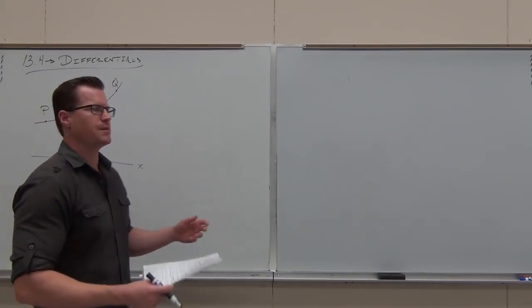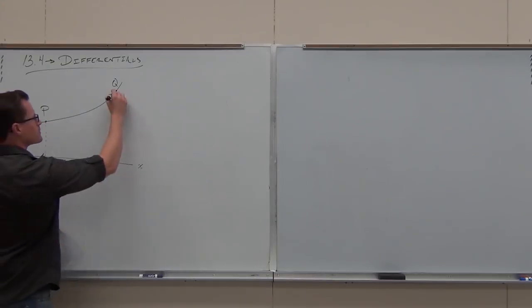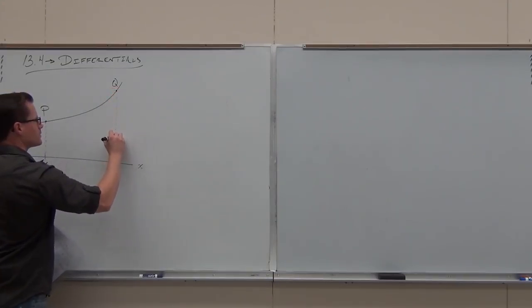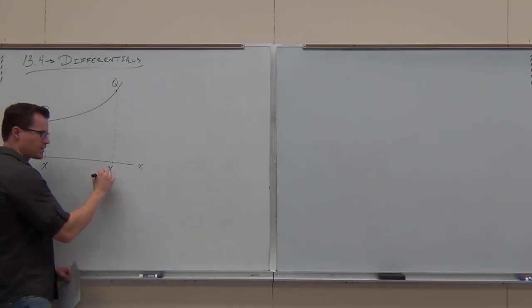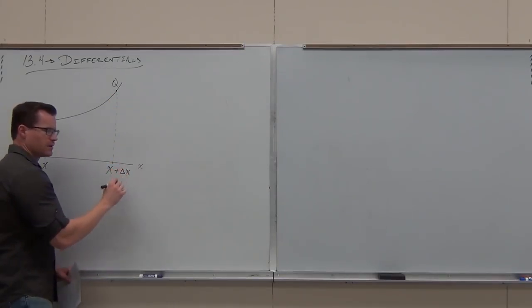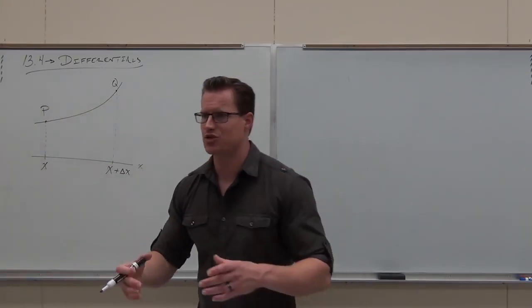And we're going to say that at the point P, we call that x. And at the point Q, we're going to call that x plus a little bit. We could do x plus delta x, x plus h is the traditional notation, like x plus a little bit.